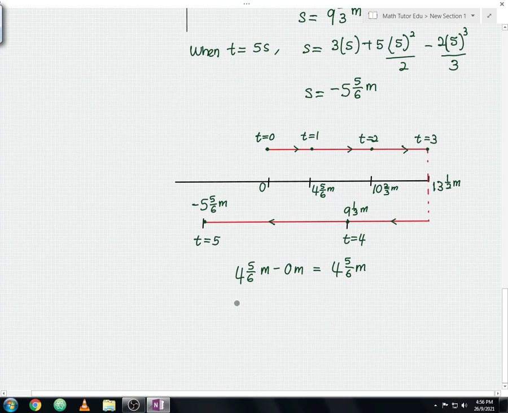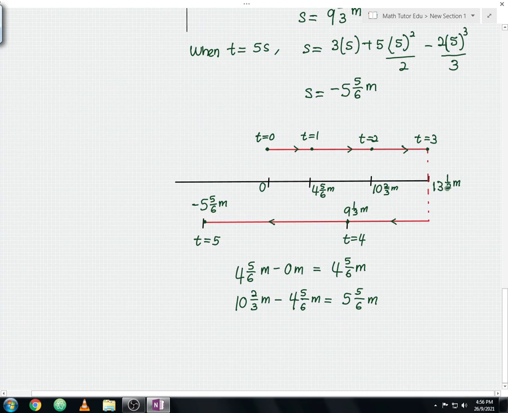So from here 2/3 meter, you minus with 5/6 meter, so you calculate this, you should get your answer is 5/6 meter. Okay, let us move on to the next interval.